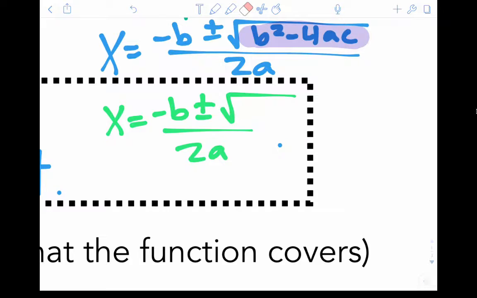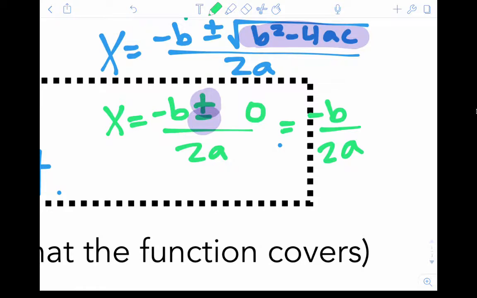Now the next option was, what if it's 0? Well, the square root of 0 is 0. So this would just be negative b plus or minus the square root of 0. Well, plus 0 is the same as minus 0. So this would actually end up being negative b over 2a, which is just one single number.